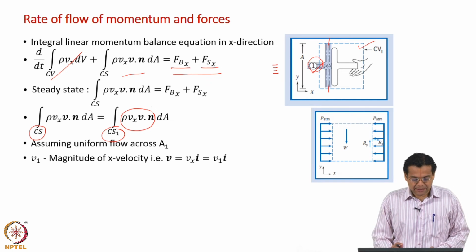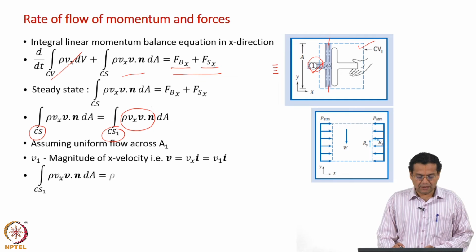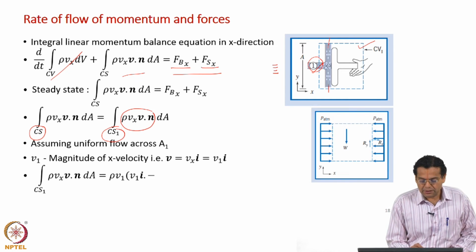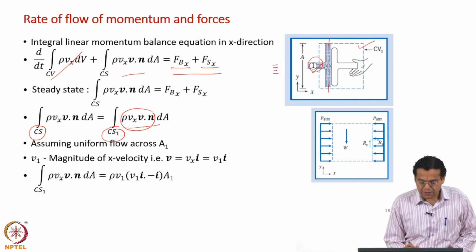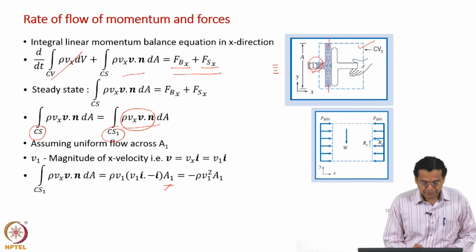Let me show the next step and then explain. The integral expression is rho Vx V dot n dA. Because I am assuming all these to be constant, I take them out. So, integral dA becomes A, and because it is section 1, I denote it as A1. The density term is written as such.